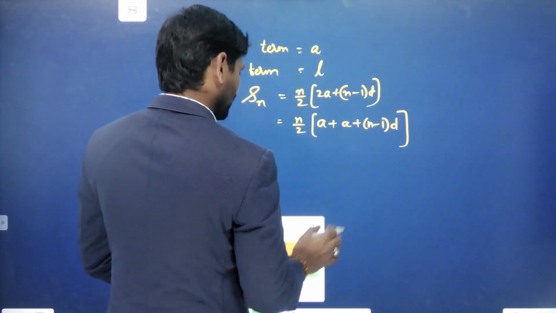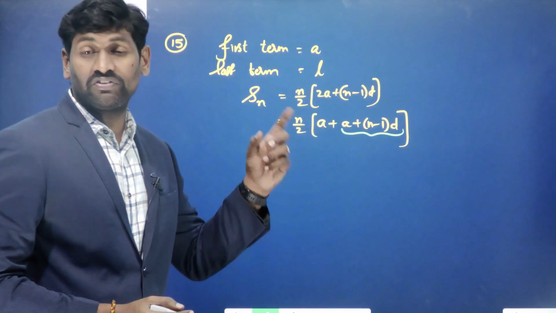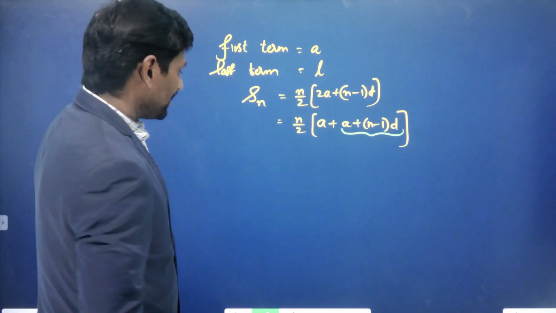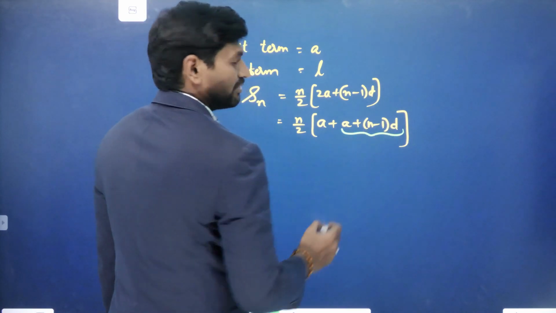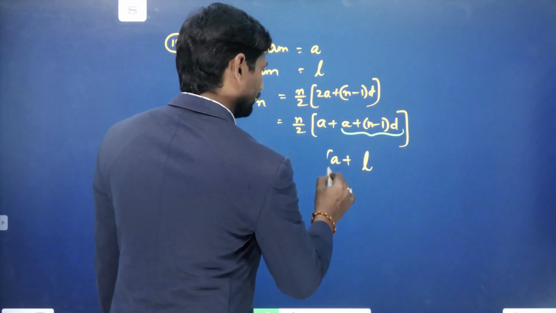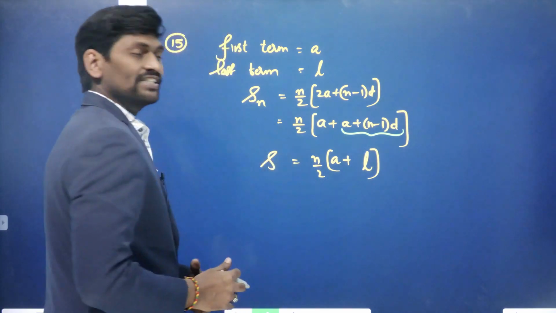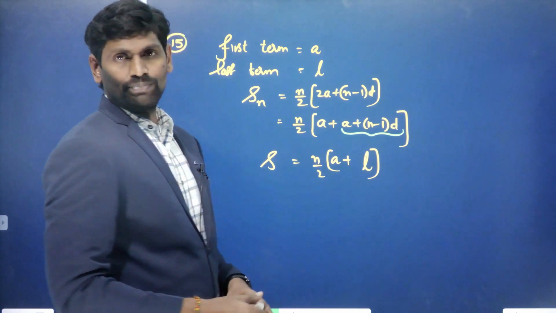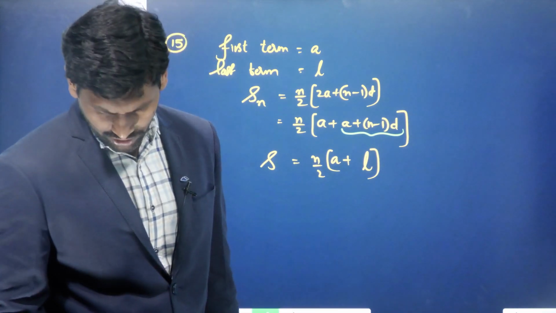While you are observing, a plus n minus 1 into d is nothing but the formula Tn. Tn means it can be the last term or any one of the terms. I am considering it is the last term. So in the place of this we can write an, nothing but l. First term is a only, into n by 2. So sum of n terms S is equal to n by 2 into a plus l. That is also one of the formulas.